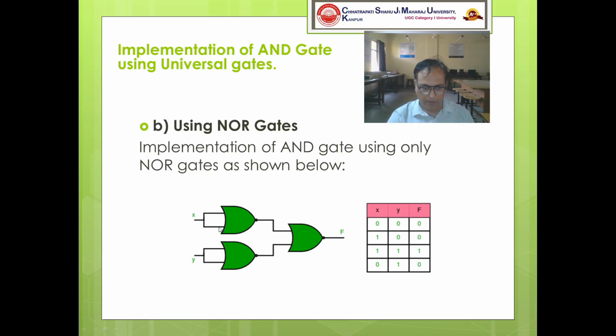And similarly for the last part, if these two inputs are 1, you will get 0 here, and if this is 1 and this is 0, you will get 0. In this way, we can verify the truth table of the AND. And if you remember, this is the truth table of an AND gate: 0.0 is equal to 0, 1.0 is 0, 1.1 is 1, 0.1 is 0.